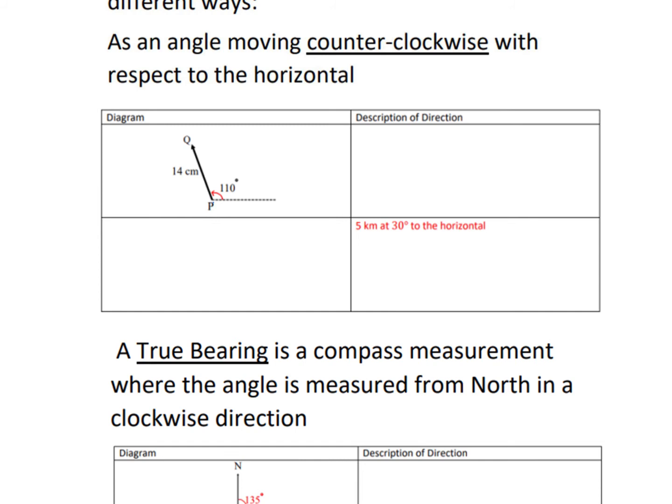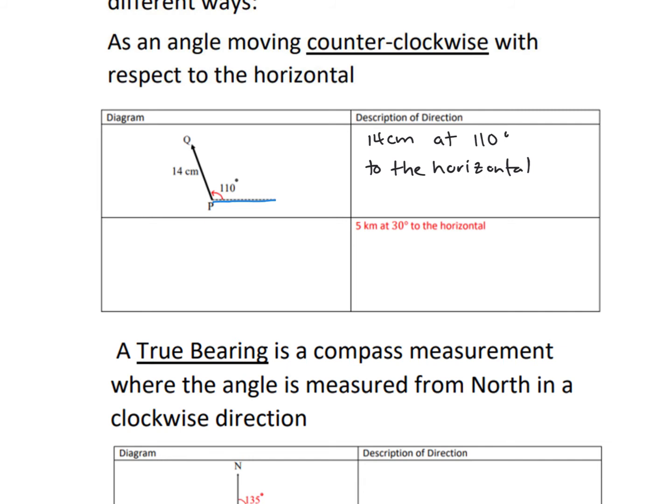I can see that line here, and I can see that the arrow is going counterclockwise 110 degrees. So if I were describing this vector, I would say it is a 14 centimeter vector at 110 degrees to the horizontal.